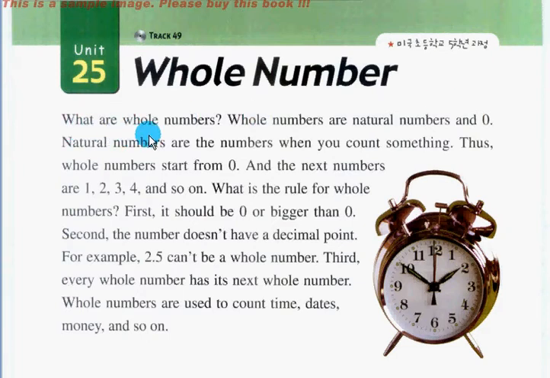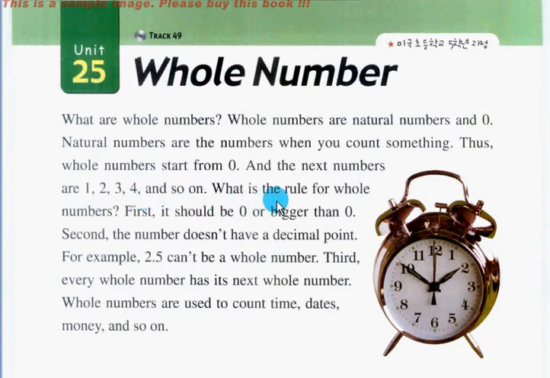What are whole numbers? Whole numbers are natural numbers and zero. Natural numbers are the numbers when you count something. Thus, whole number starts from 0, and the next numbers are 1, 2, 3, 4, and so on.